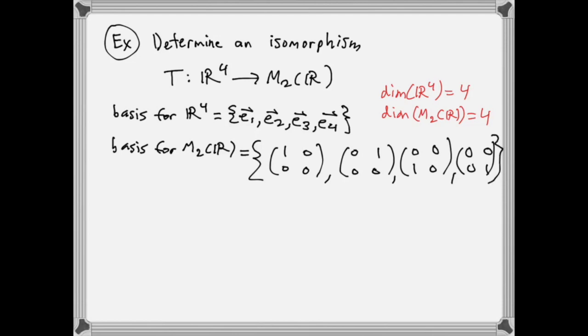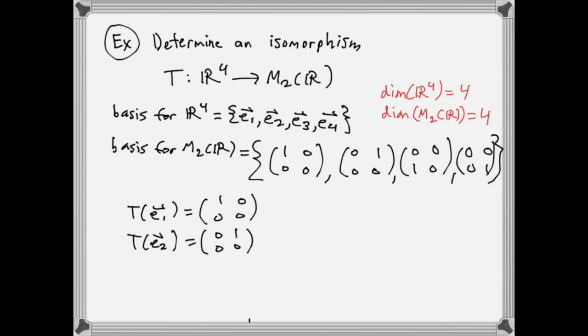Okay, so I'm just going to say that T of E1 is equal to the matrix (1, 0, 0, 0). T of E2 is equal to (0, 1, 0, 0). T of E3 is equal to (0, 0, 1, 0).